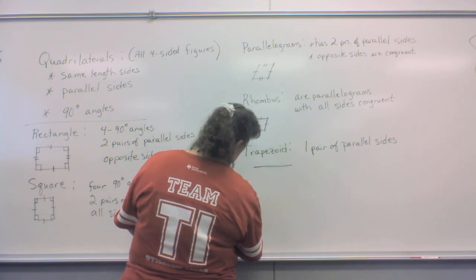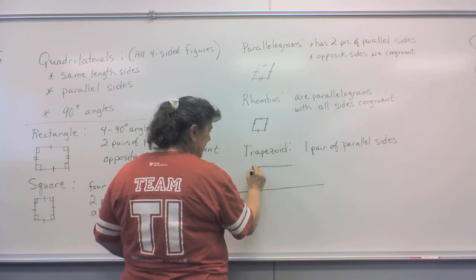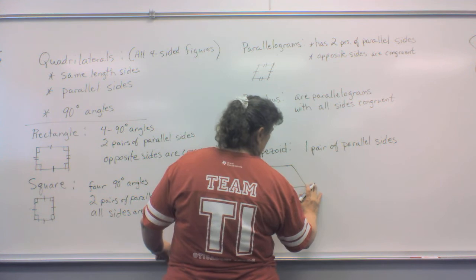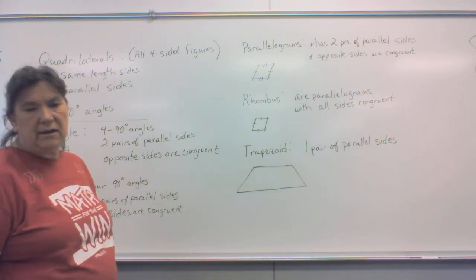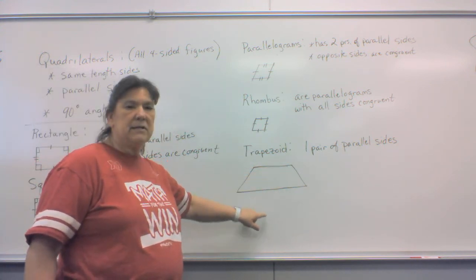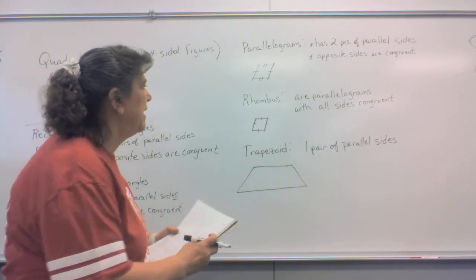There's one side, here's another side. These are parallel to each other. And the other 2 sides can be just about anything. Okay? So these are the parallel sides. And that's its distinguishing factor.